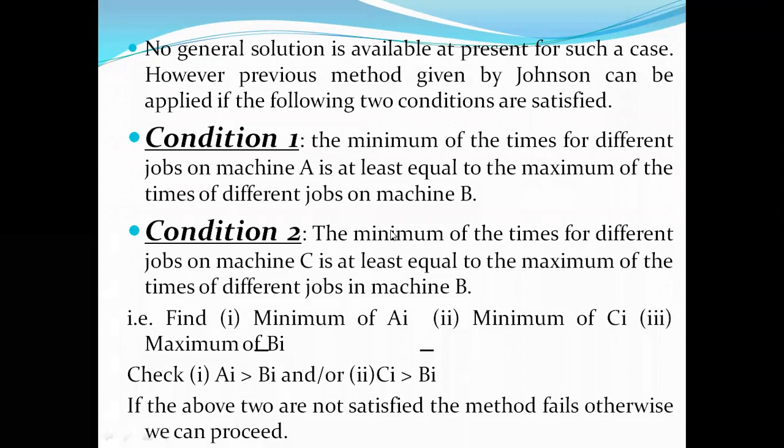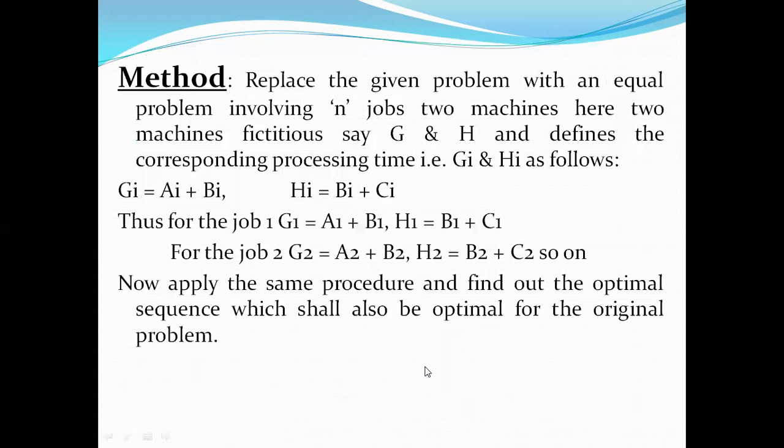But in the case of condition number 1 and condition 4, the two different conditions, that is minimum of A and minimum of C, and maximum of B. So here the conditions need to be characterized. That is, A should definitely be greater than B, that is, the machinery working time should be greater than B, and simultaneously C also should be greater than the B machinery.